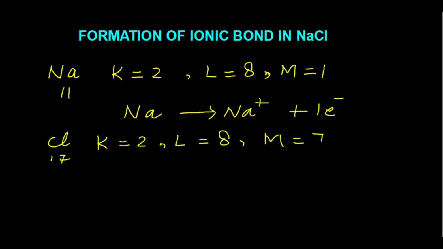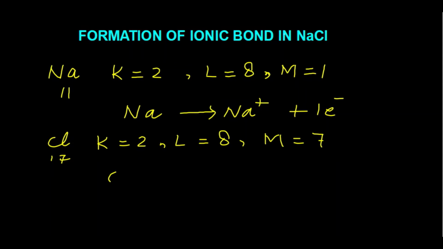If an element has more than 3 electrons in its valence shell, then usually it will gain or share electrons in a chemical reaction. If an element has 4 electrons in its valence shell, usually it will form a bond by sharing of electrons.